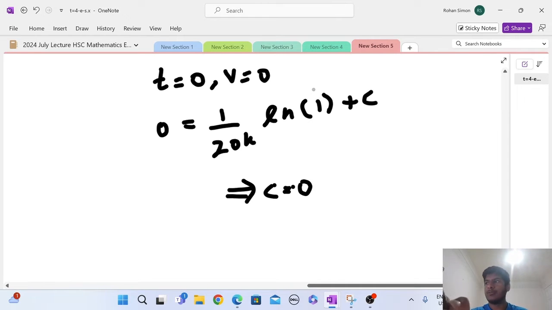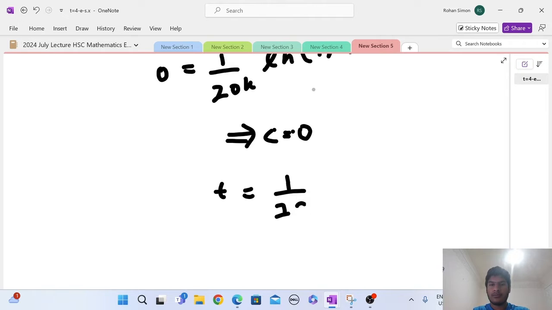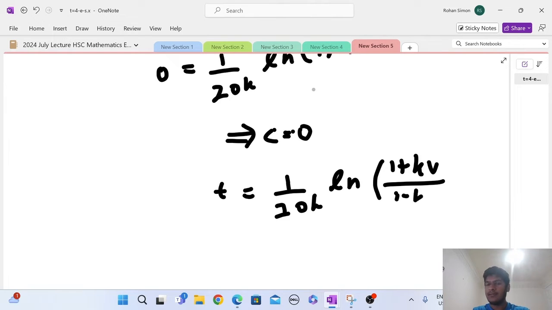And therefore our expression becomes t equals 1/(20k) ln((1 + kv)/(1 - kv)).